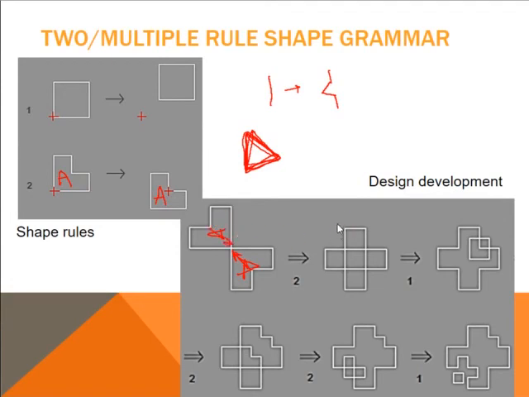So now you have five squares. Then at this level, you can apply rule number 1, right? Because you have the 5 squares. But you can still apply rule number 2, because you still have this L shape here, depending on how you want to look at it.